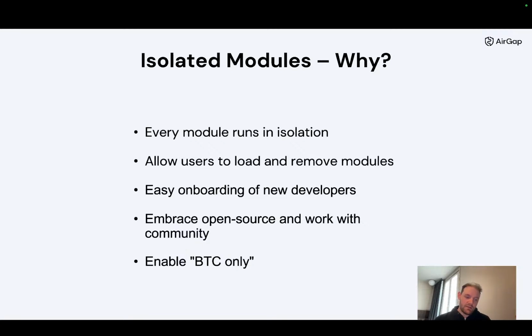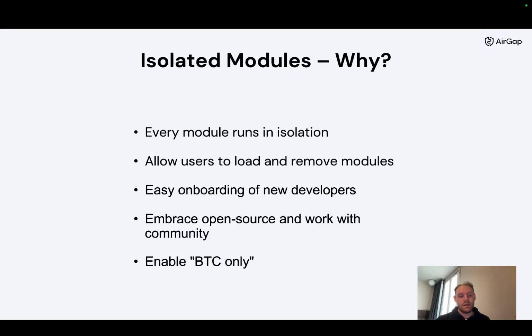And one thing that we have heard sometimes is that people want to have a version that is Bitcoin only, exactly because of the reasons that I mentioned, with the fact that some modules can tamper with other modules.